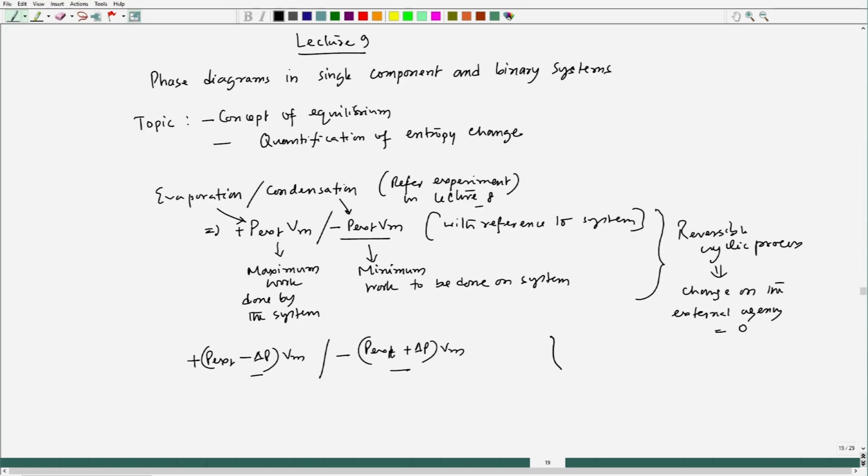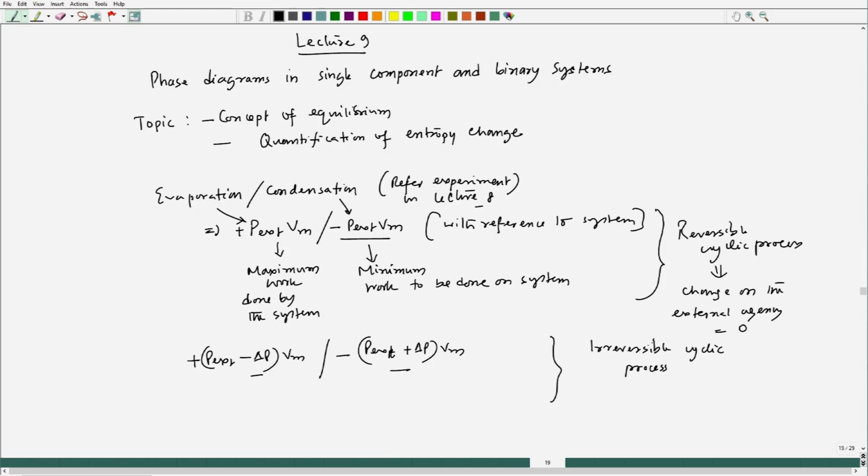So, this is an irreversible cyclic process, and the system comes back to its original position where it started, and let us say we are starting the evaporation process first.